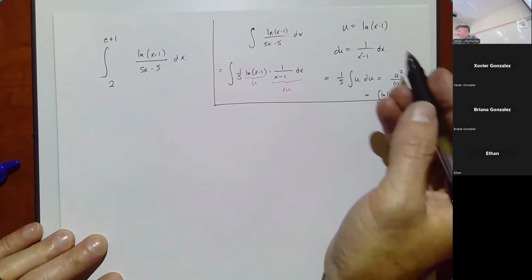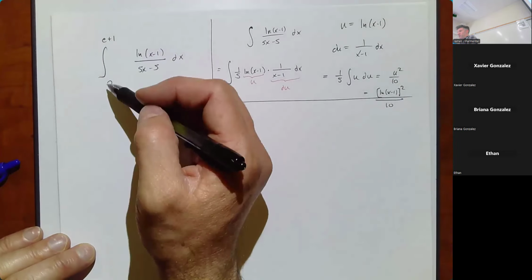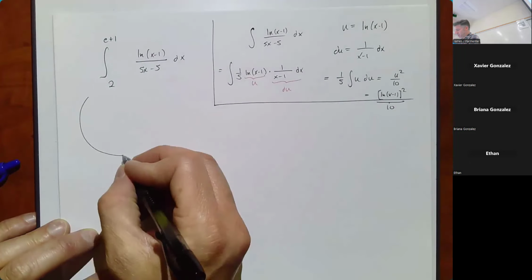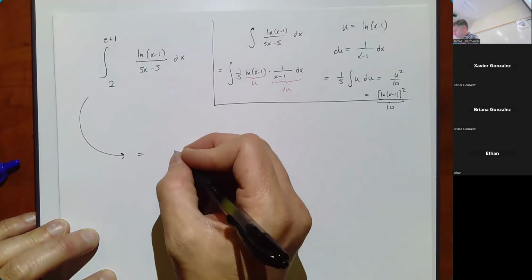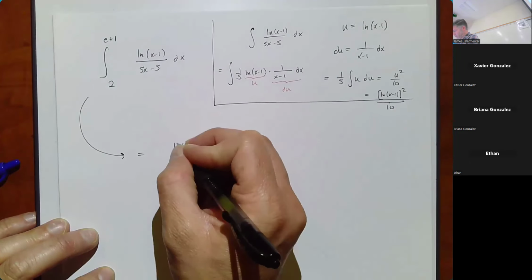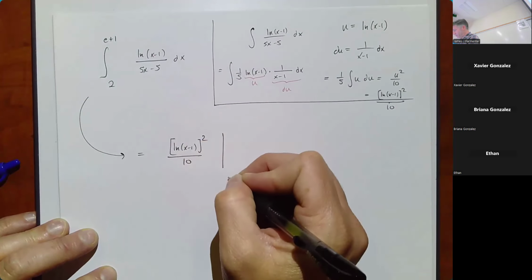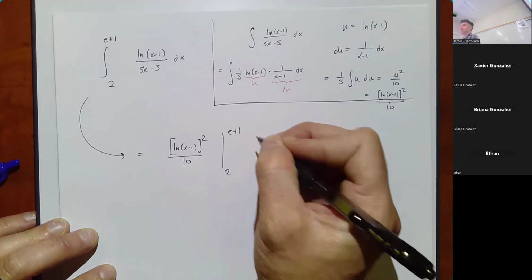And the reason I like to do it over there is because then I don't have to carry the e plus 1 and the 2 with me the whole way. So then I can say that this is equal to the natural log of x minus 1 squared over 10, evaluated from 2 to e plus 1.